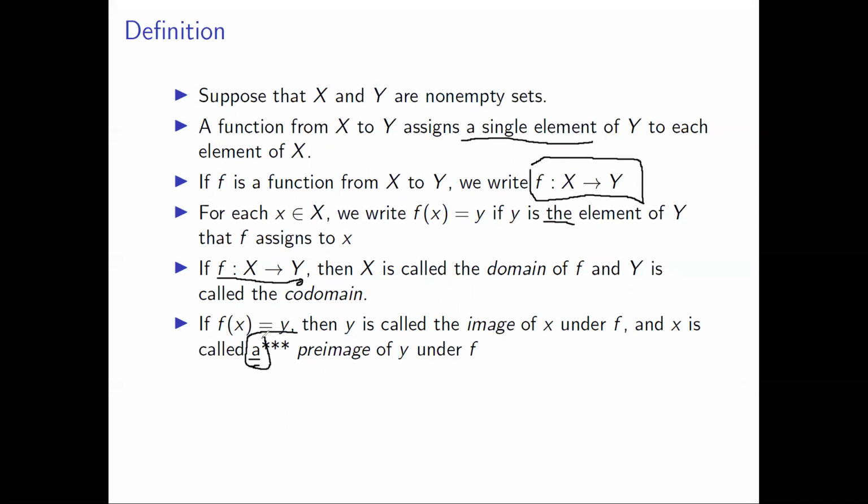And notice that I used "a" there, and up here I used "the," and here I used "the" as well. So the difference is that the preimage is not necessarily unique. There might be multiple values little x in the set big X which map to the same y. So this y might have multiple preimages. So this is why we have to use "a" instead of "the."